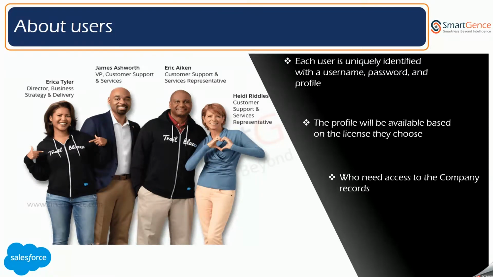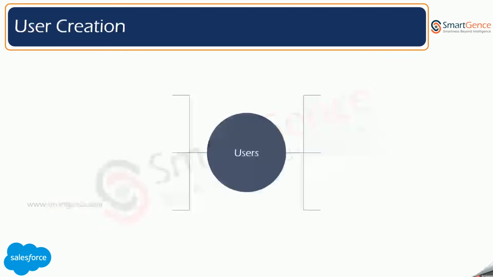They will be logging into Salesforce just to refer to the records of a company. How that record access is provided is based on their profile and role. We have seen in the last video how we provide access to the records based on the profile, correct? So that is how users should be set up.